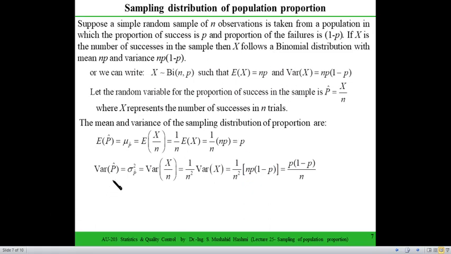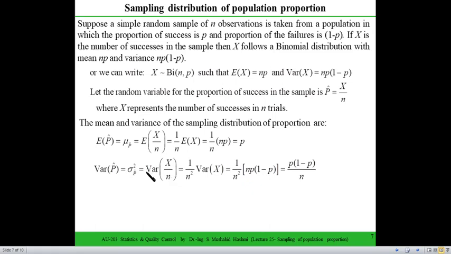Similarly, we can work out the variance of this sample proportion, where sigma square represents the variance and the subscript p cap represents that this is the sample proportion. For the variance of x bar, which is the mean value, we used to write sigma square with subscript x bar. Since we are dealing with the sample proportion, we use this symbol in the subscript to represent the variance of the sample proportion.